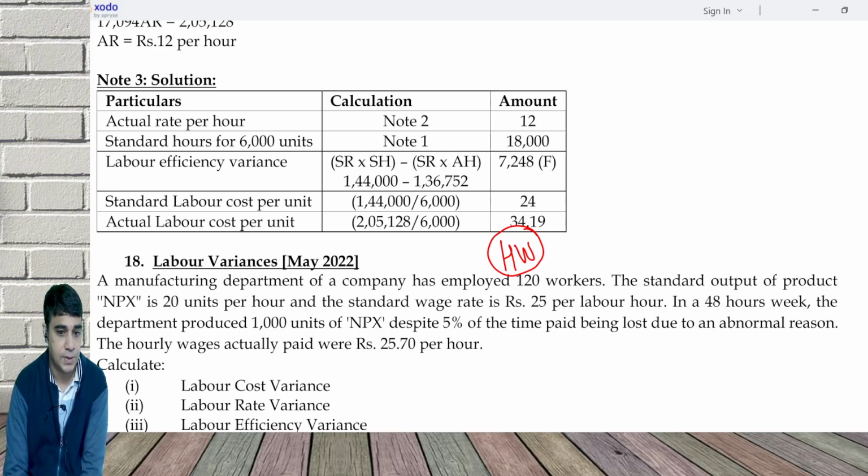Standard equation. How many units equal to how many hours?